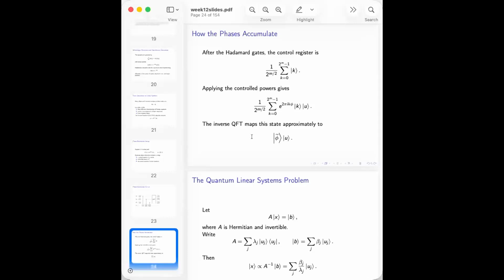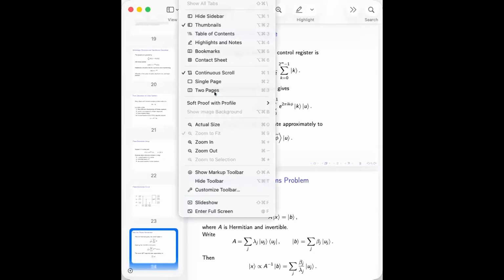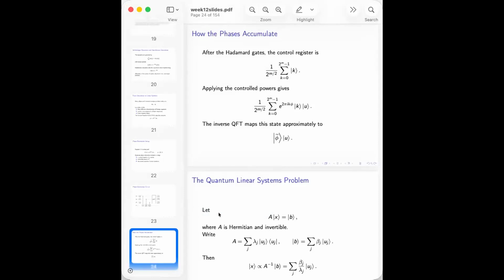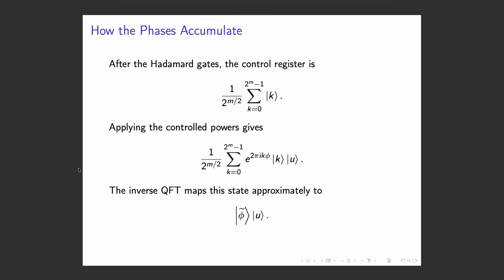Let me share the screen so that we have everything clear here. Let me find the right one. Here we are. So let me just quickly remind you of what we are doing.